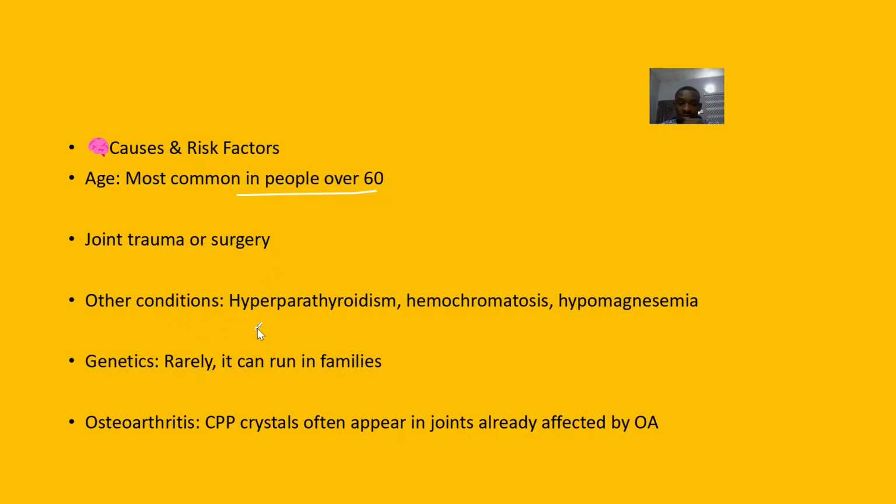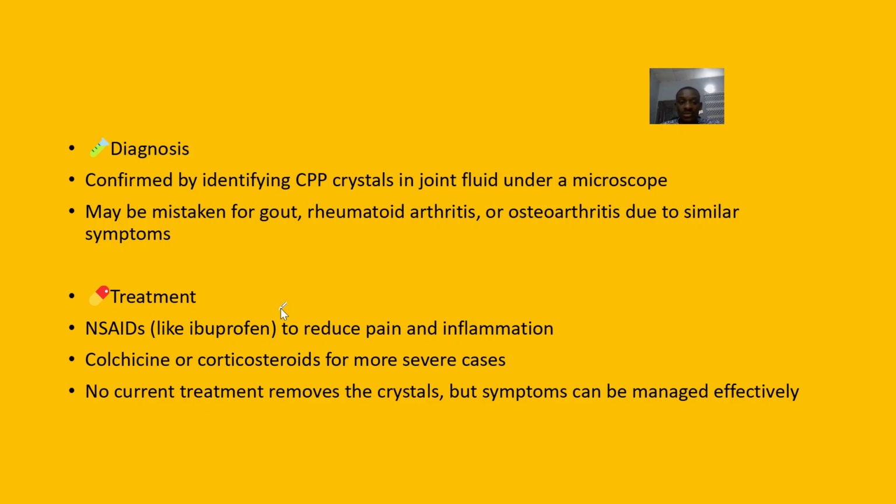Other conditions include hyperparathyroidism, hemochromatosis, hypomagnesemia. Genetics is rare, but sometimes it runs in families. Then osteoarthritis.